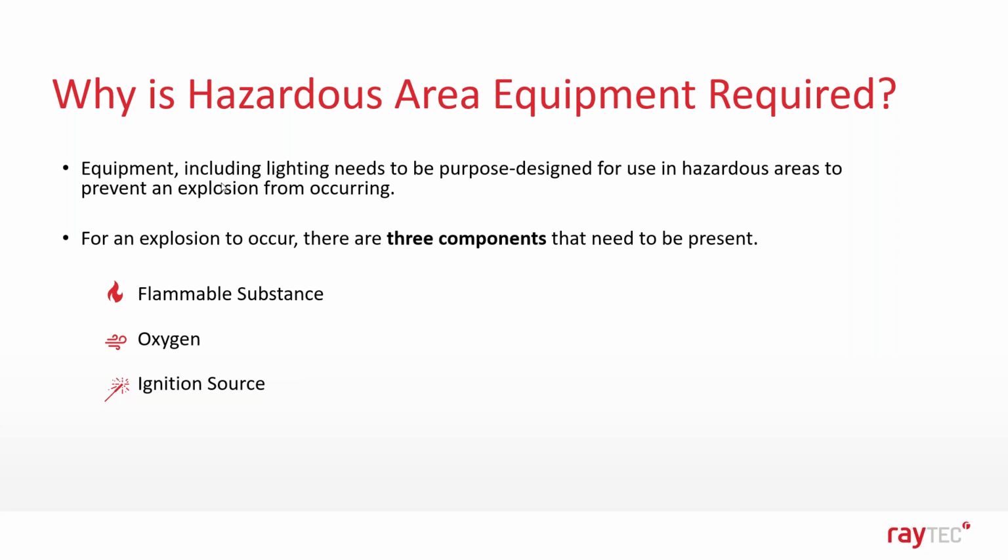And the last thing we need is an ignition source. There are 13 potential sources of ignition, some of which being hot surfaces, flames, mechanically generated sparks, static, stray currents, all of which can provide an ignition source for an explosion.